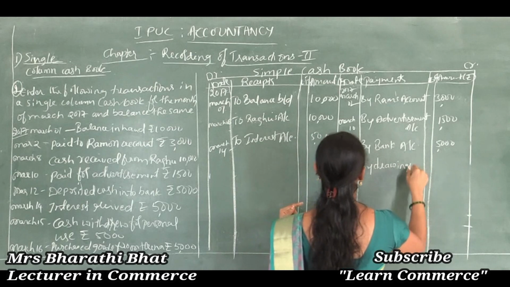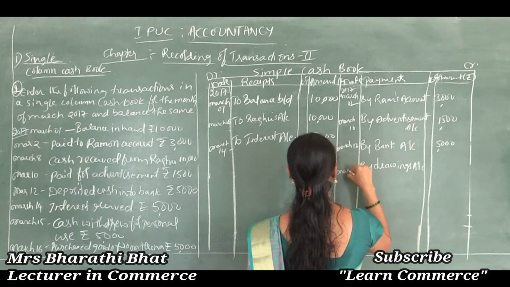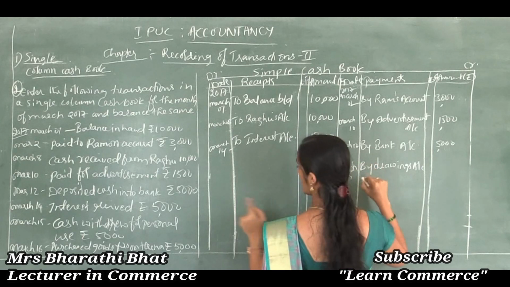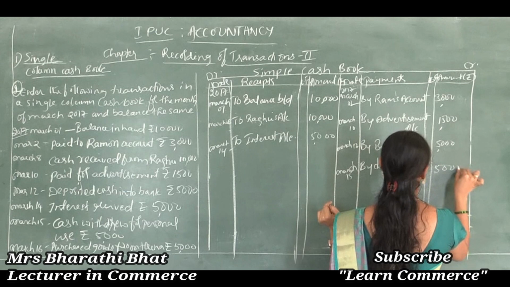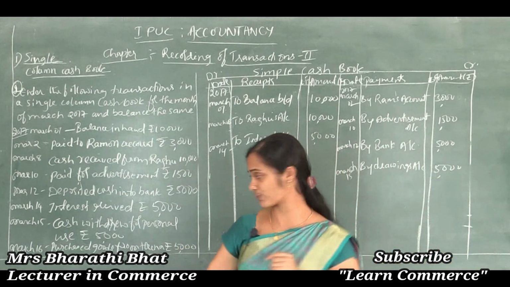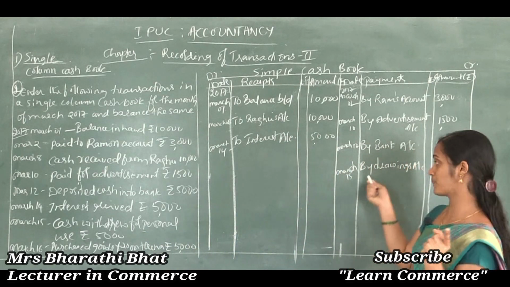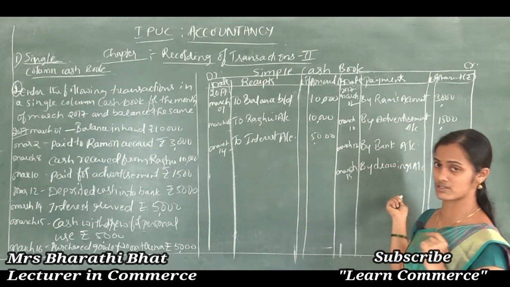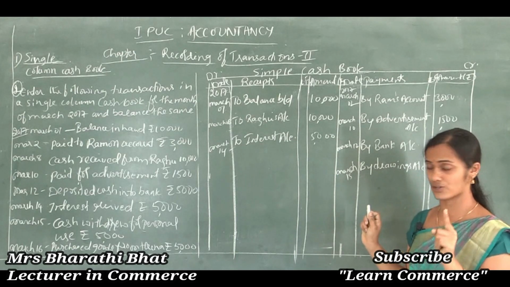By drawings account. Mention the date first, March 15, by drawings account, rupees 5,000. Amount side 5,000. And the next one, it is very important: cash withdrew for personal use. We cannot write by cash or by personal use. We should mention the specified word, by drawings.